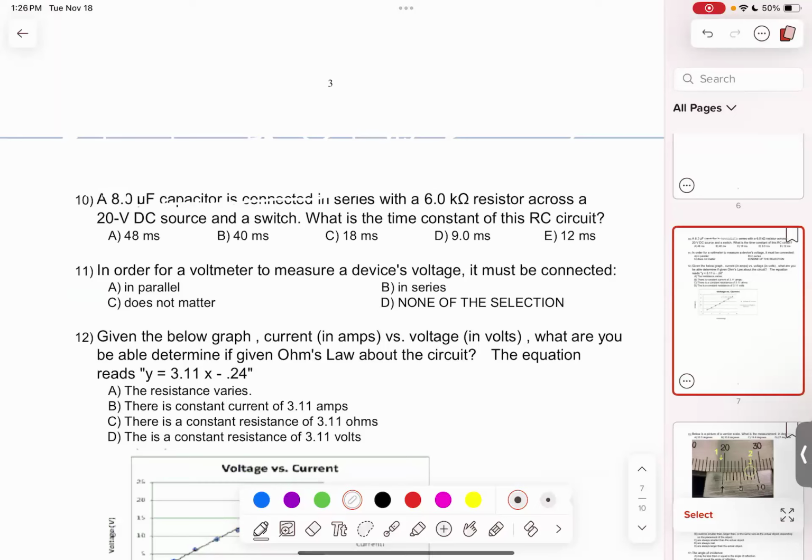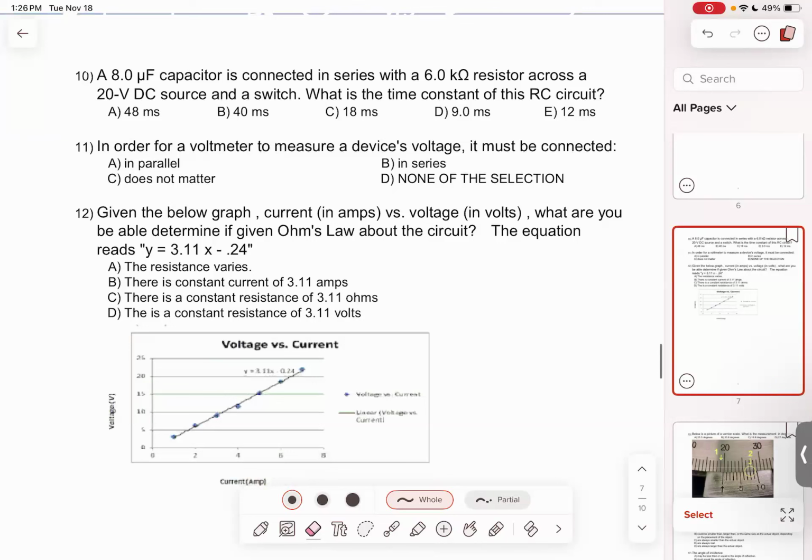It says that we have an 8 microfarad capacitor, and it's connected in series with a 10 kilo ohm resistor. And we want to try and figure out the time constant, essentially, from this circuit. And it's also connected to a 20 volts DC power source.